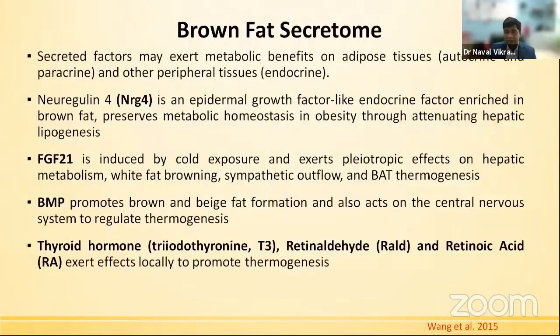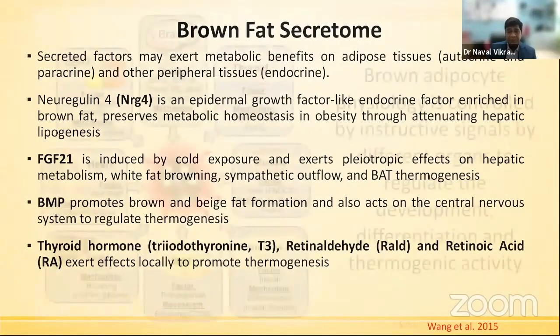Now, brown adipose tissue secretes several factors which may have multiple metabolic functions. Among them are neuregulin, FGF21, the fibroblast growth factor 21, bone morphogenetic protein, as well as thyroid hormone. These factors are all enriched in the brown fat, and they have several metabolic functions.